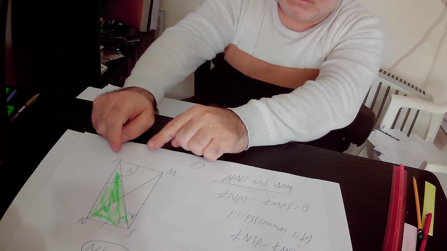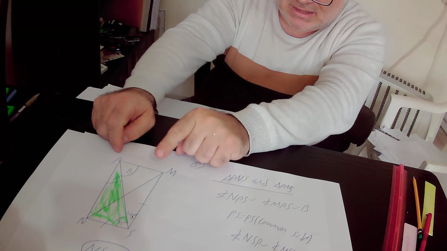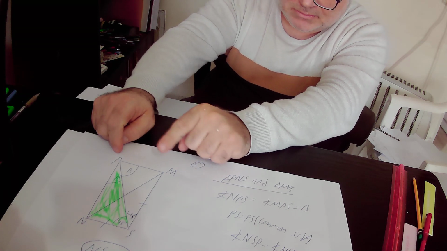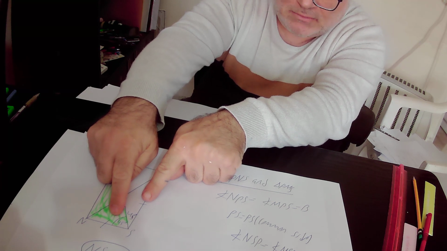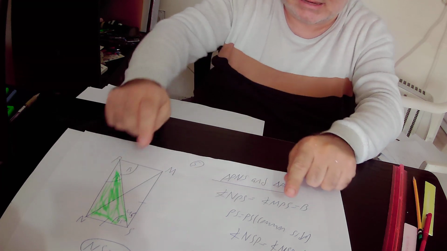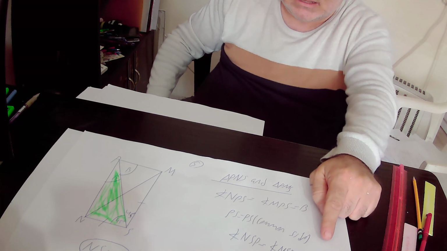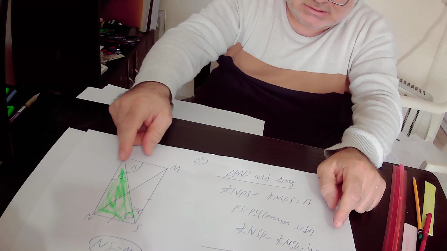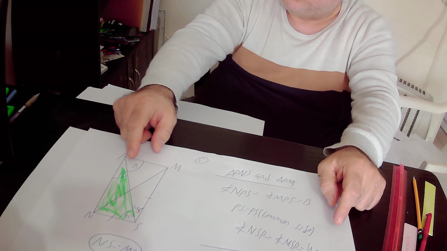And we have PS, a common side that belongs to both triangles, so PS equals PS. And those two angles are both equal to 45 degrees. So angle NSP equals angle MSP equals 45 degrees. So we prove that those two triangles are congruent according to the angle side angle rule.